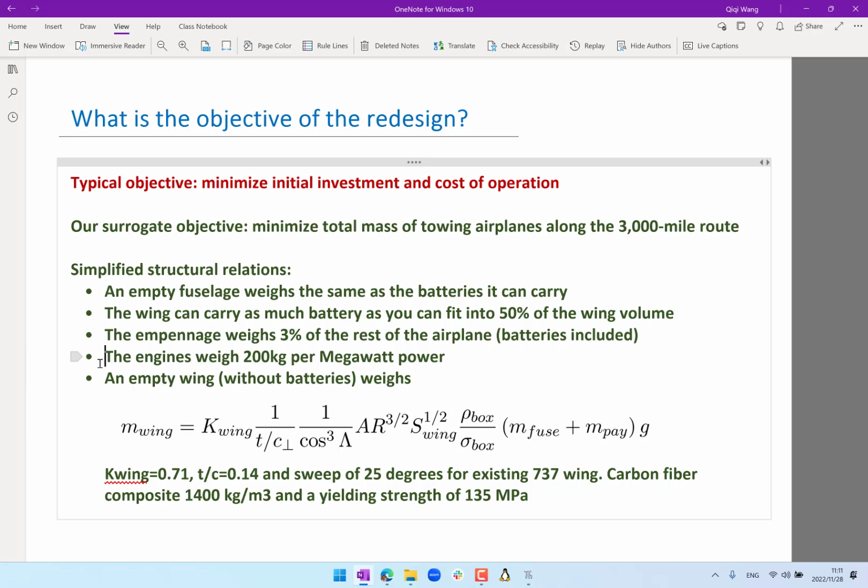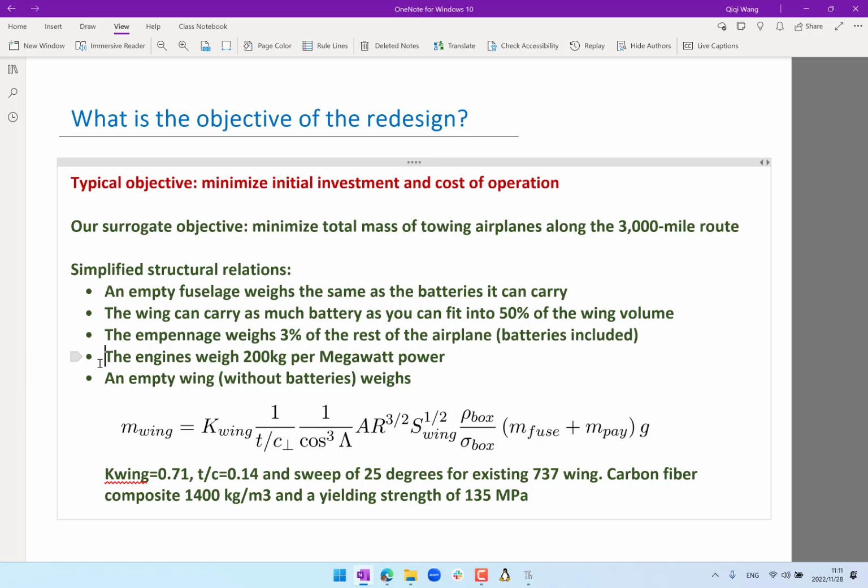All right. So the mass of the wing is a non-dimensional constant times the reciprocal of the thickness to chord ratio. So what does that mean? That means if you can make a thicker wing, it helps with the structure, right? So you can get away with a lighter wing if the wing is actually thicker.